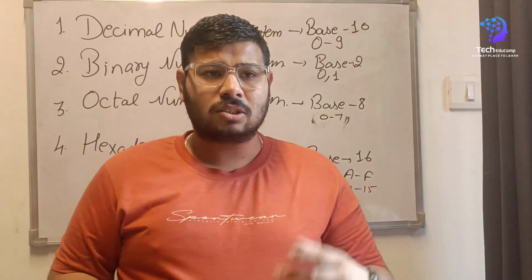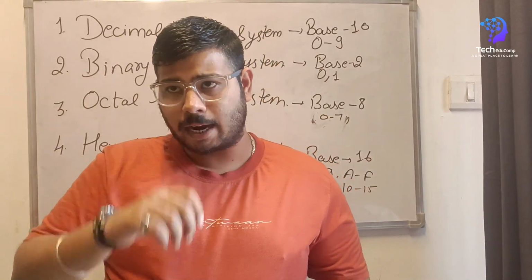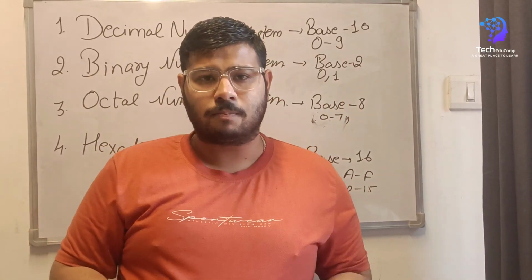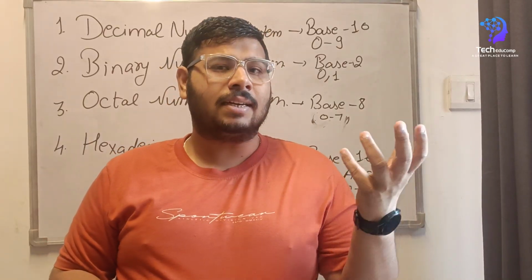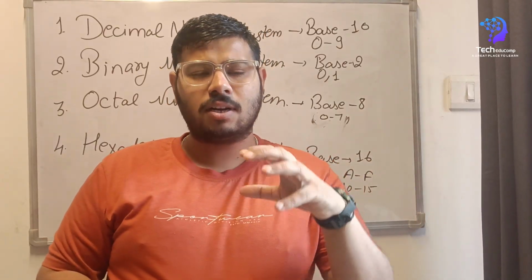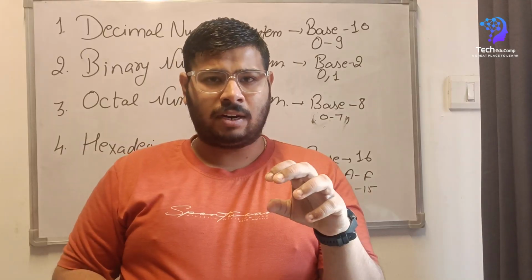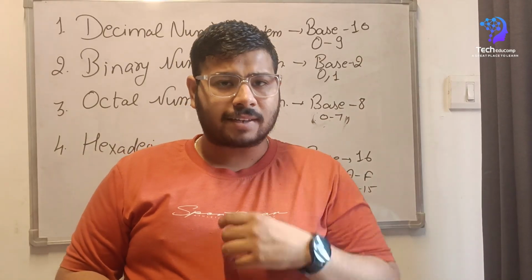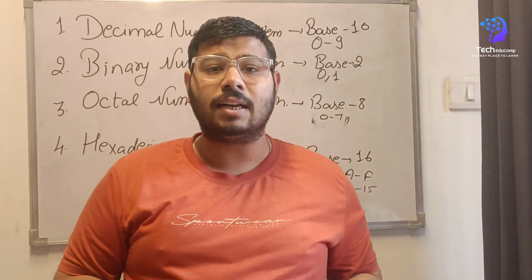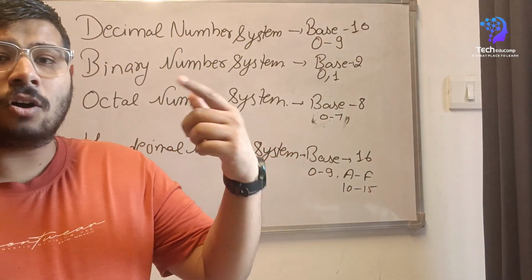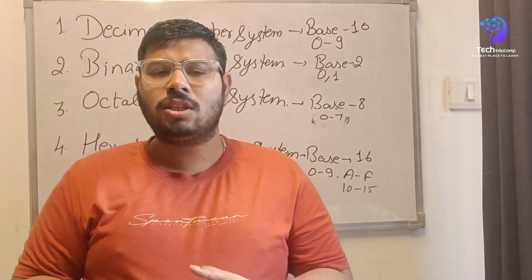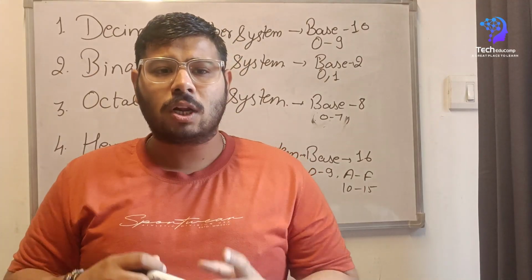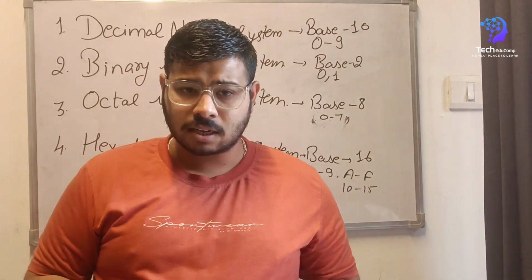If we type code in English, the system doesn't understand English, so we convert the English language that we are familiar with into machine language. That is done by compilers. So these number systems are essential for low level operations in digital circuits.